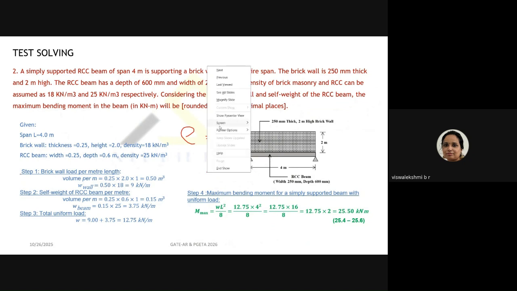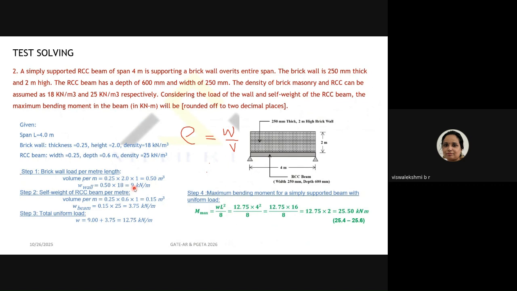So you can find the weight of the brick wall: weight of the brick wall equals density into volume. Volume we have already found out, which is 0.5 meter cube. Density is given in the question, that is 18 kilonewton per meter cube. So we can find the weight of the brick wall as 9 kilonewton per meter.